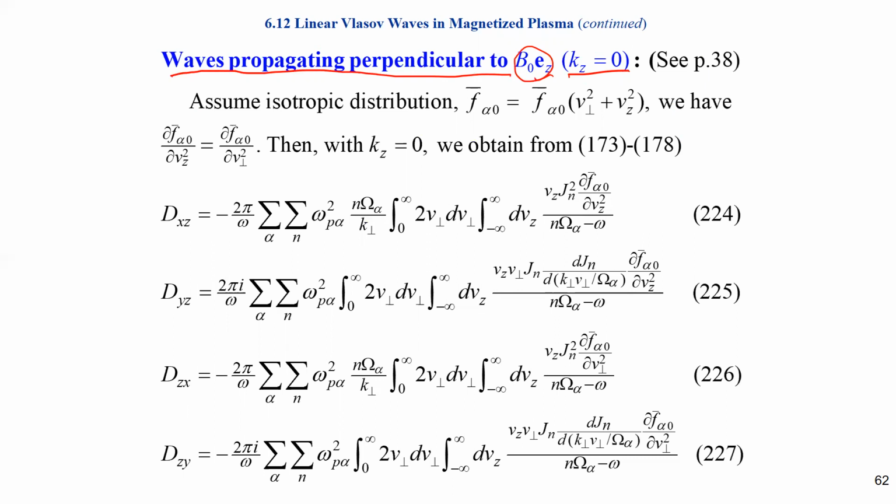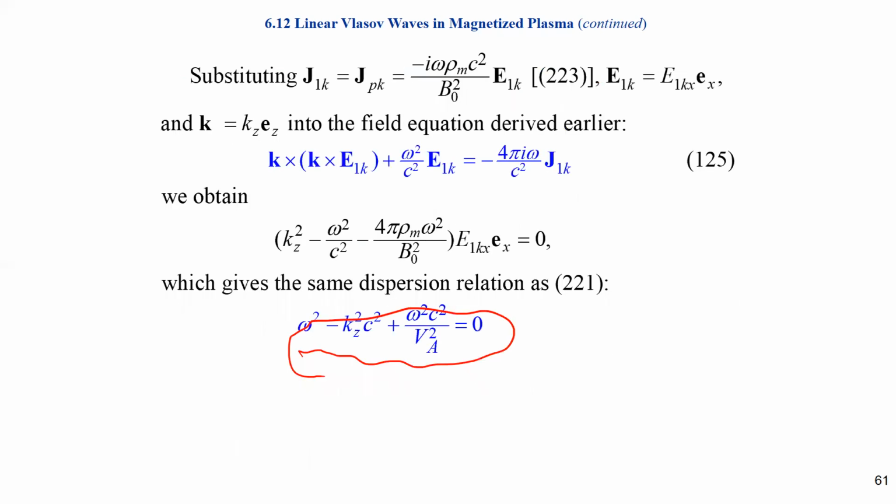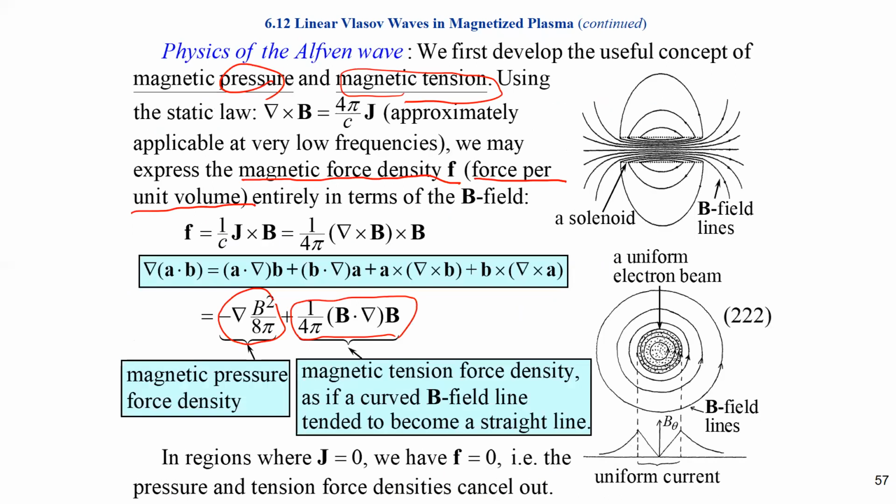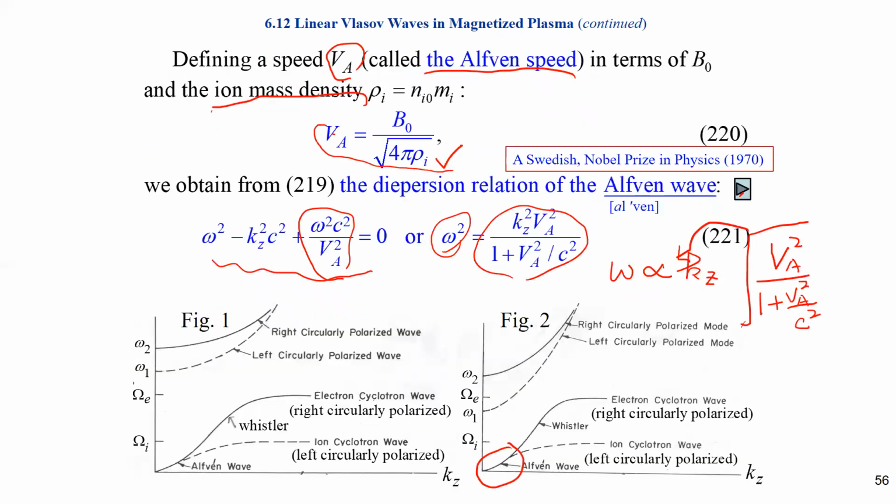We had left-hand circularly polarized, right-hand circularly polarized. We have many equations and many waves: right-hand circularly polarized, left-hand circularly polarized, electron cyclotron frequency, the whistler wave, the Alfvén wave, and the ion cyclotron wave.